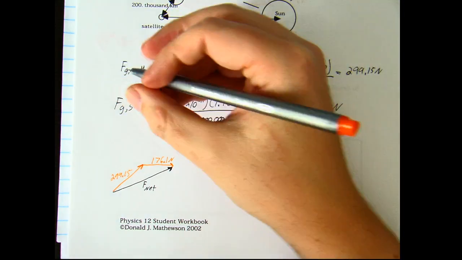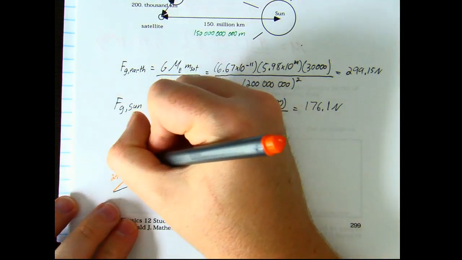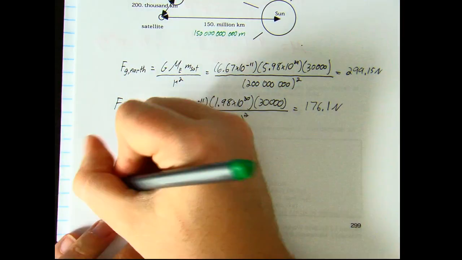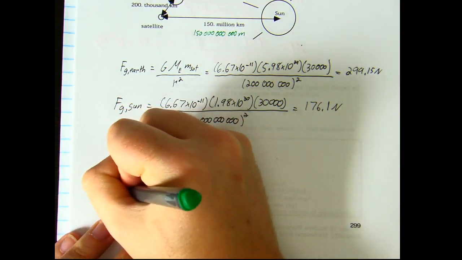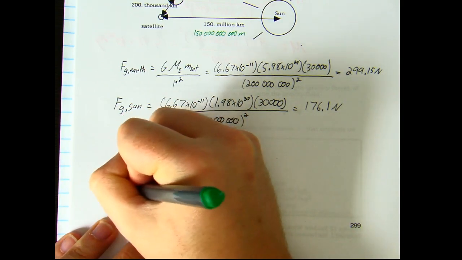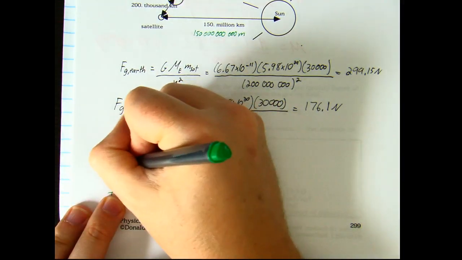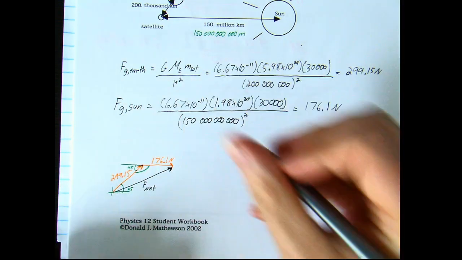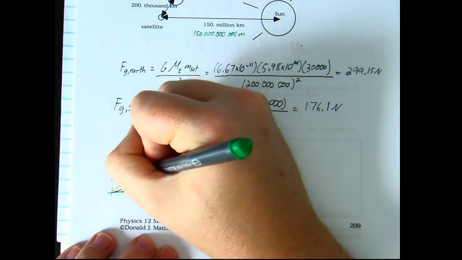We know, I'm just going to add a little bit of green in here, that this angle here is 45, that big green one, which means this angle here would be 45, which means this big angle here is going to be 180 minus 45, which is going to be 135.